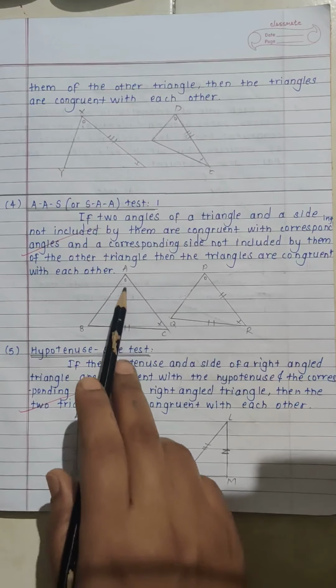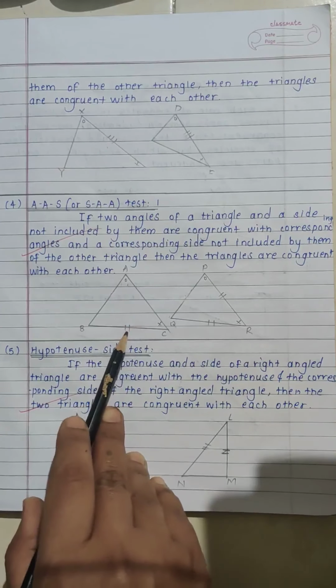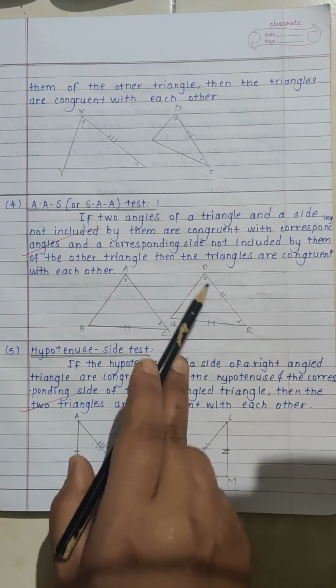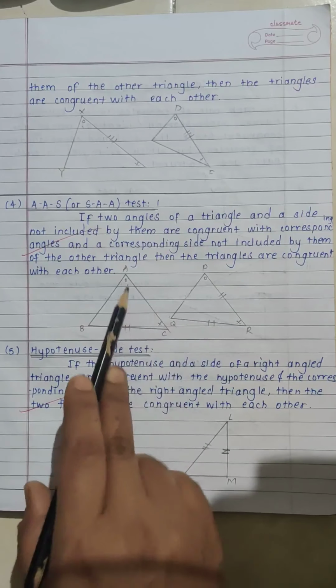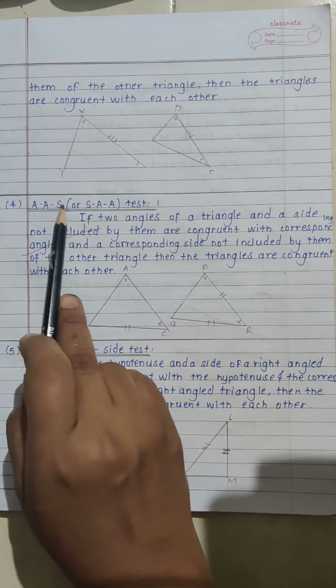Now we have two angles one after the other, then a side. Once again, angle and a side. These two angles and after that a side, that is angle angle side.